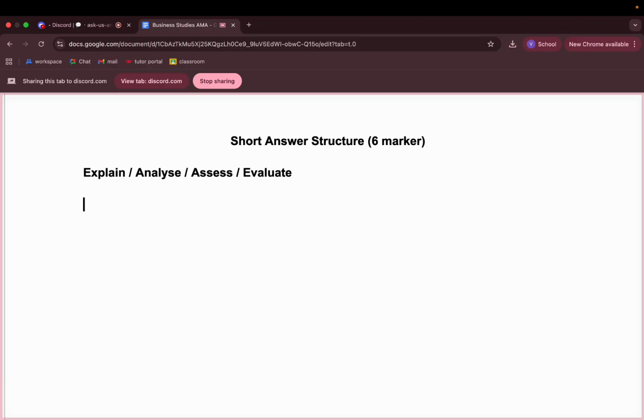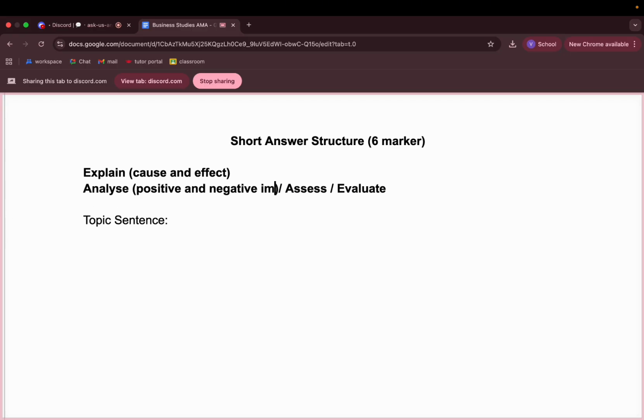So we want to start off with a topic sentence, and I'll give everyone a general way to start one. If it's an explain, we want to relate cause and effect. So explain is cause and effect. Analyze is positive and negative implications.